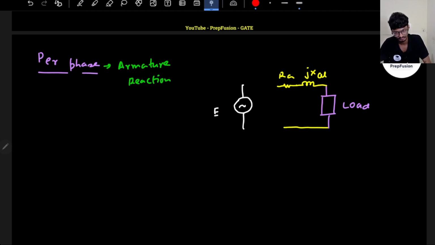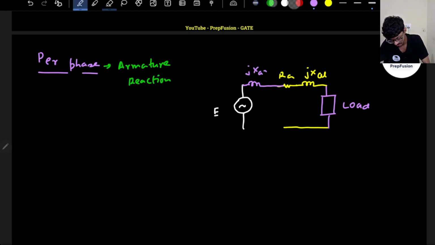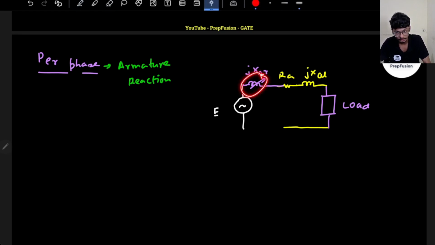So I will have a coil, but it can be capacitive as well, depending on what kind of load is connected. This is known as the armature reactance, which is variable depending on the load. That will keep on changing.